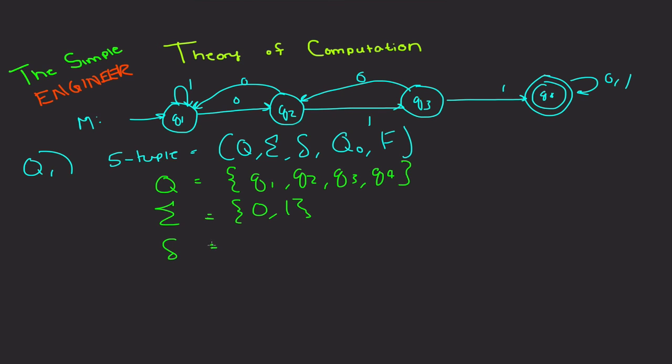Next, we have the transition function, which is the way that we traverse from state to state. What I like to do sometimes is create a table. So I have the input character sigma on top, and I have the different states on the sides here: Q1, Q2, Q3, Q4.